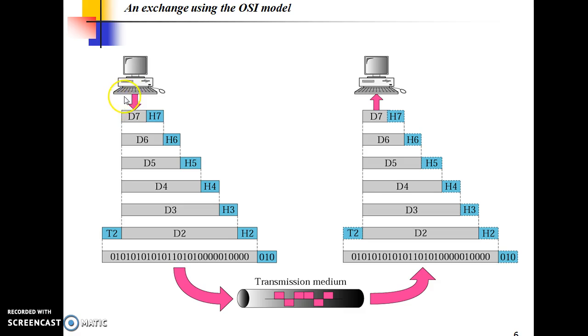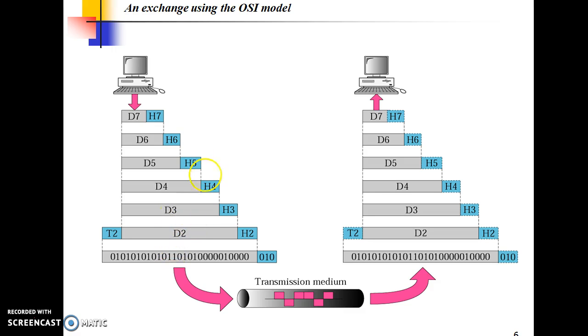Now whenever the data reaches the application layer at the source side, a header will be attached. In the header there will be information about the data. Along with this header, data will be passed to the next lower layer, that is the presentation layer, and at the presentation layer again a header will be attached. Here H6 will contain all the information about data D6 including H7. The same will continue until data reaches the network layer.